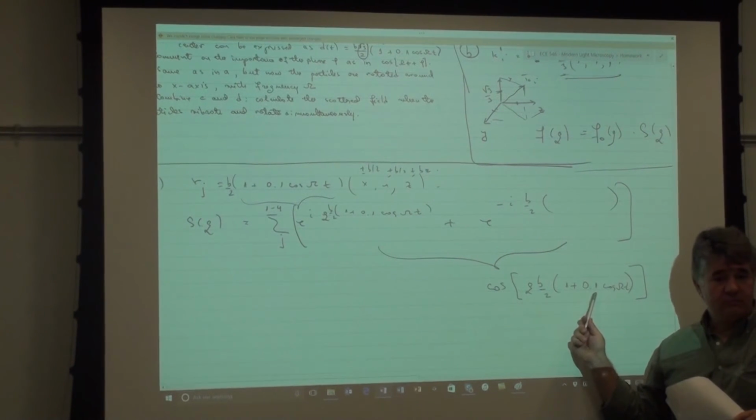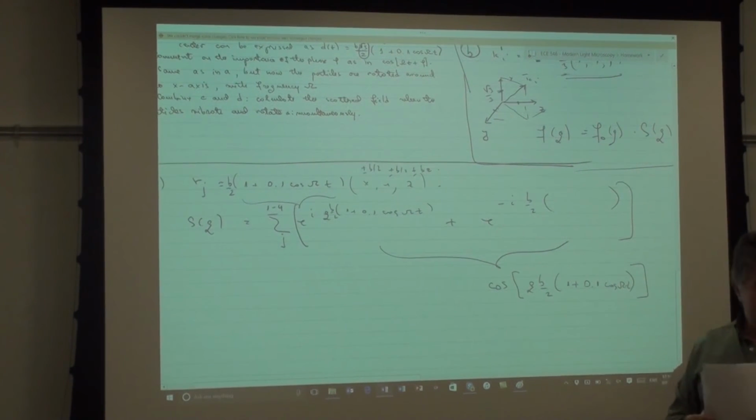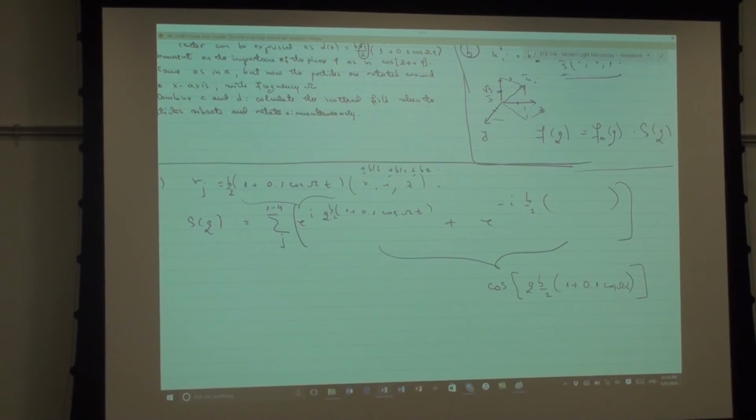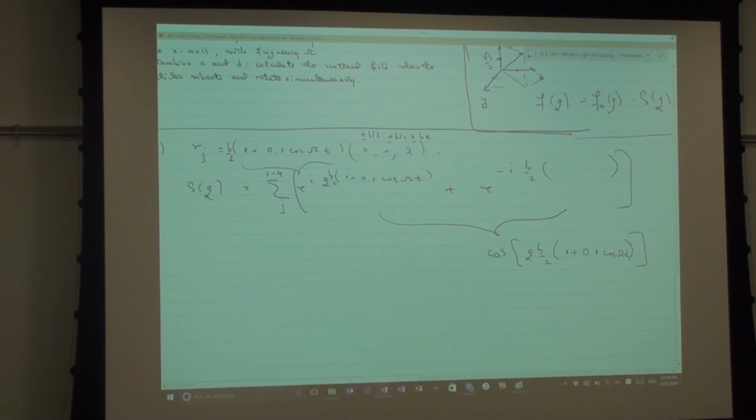What's that going to give you? Well, it's not Doppler shift, it's something. It is a Doppler shift, essentially, right? I mean, you're scattering stuff from a moving object.